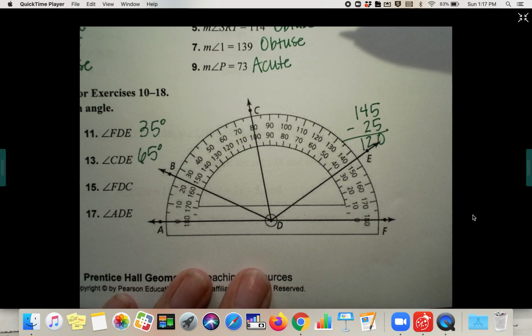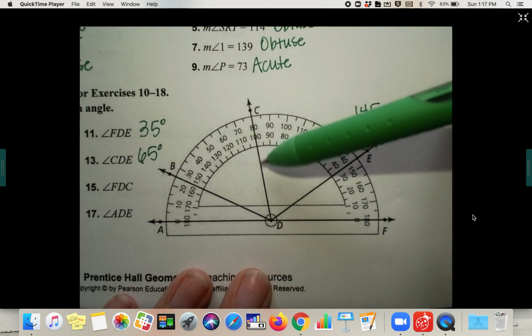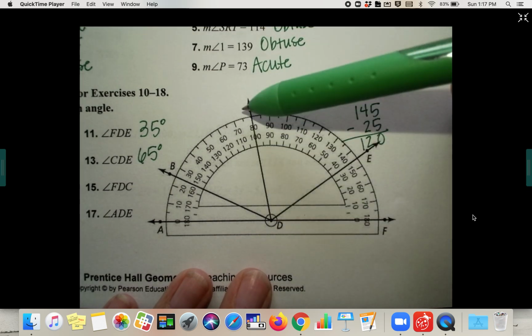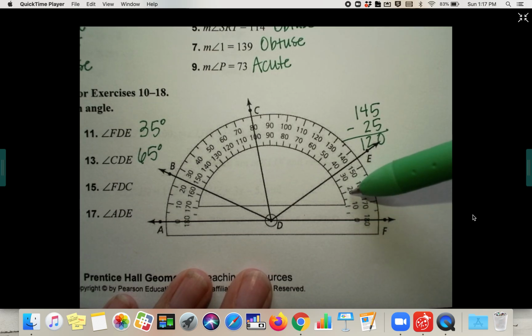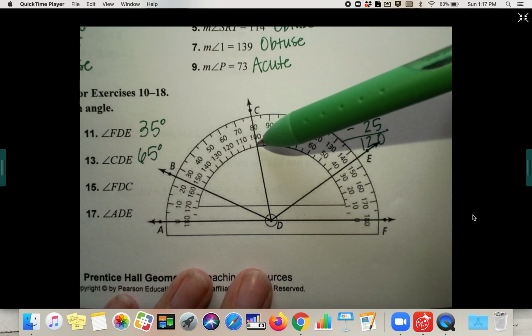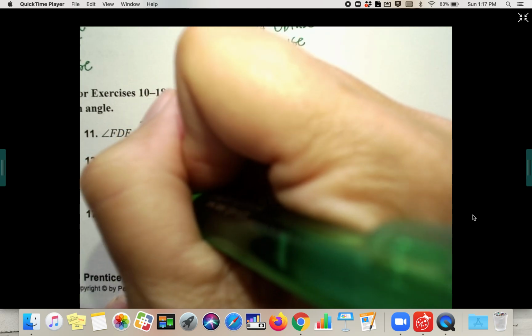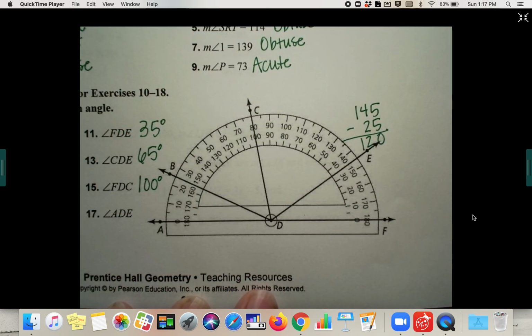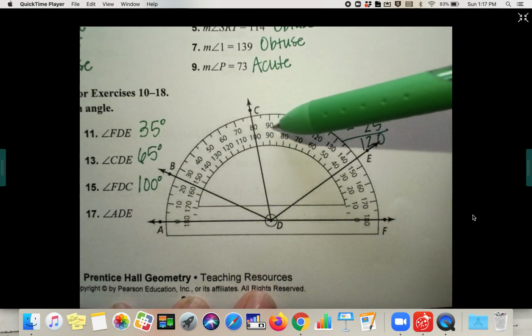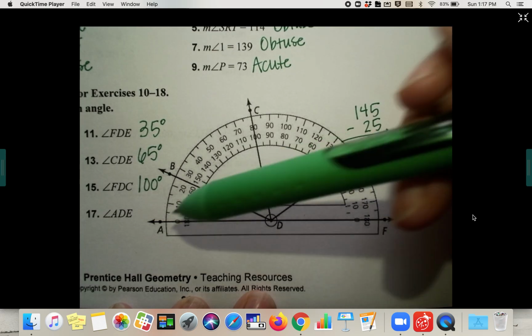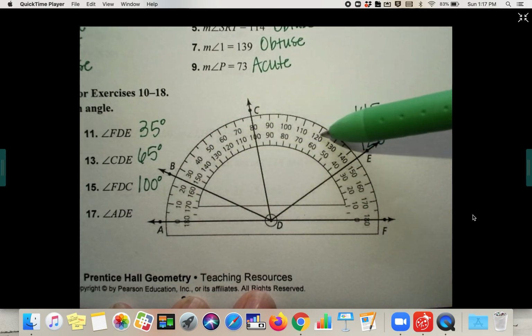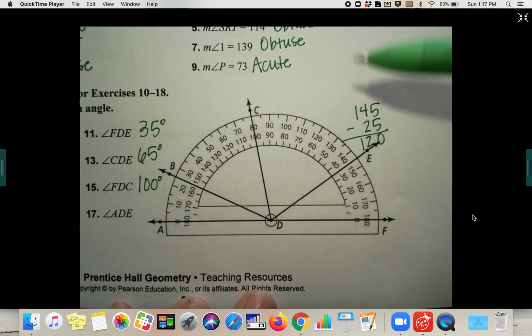Angle FDC, F to D to C. It's a little bit bigger than 90, so I'm going to start at 0 and read all the way over here to 100. And then the last one, ADE, bigger than 90, it's going to be an obtuse angle. So I'm going to start at 0, and it ends way over here. 0's on the top, so I'm looking at the top numbers, at 145.